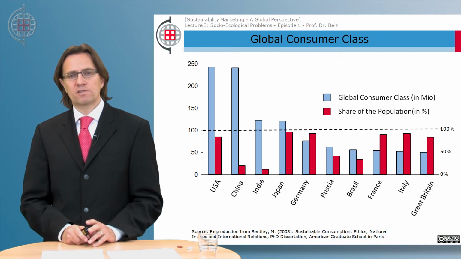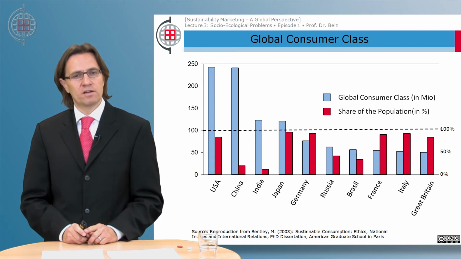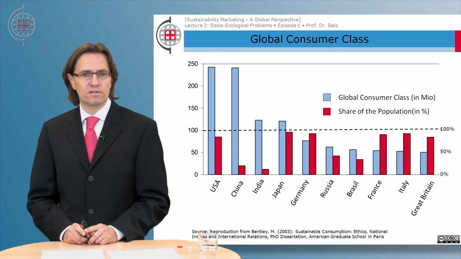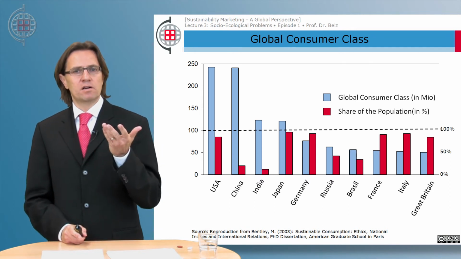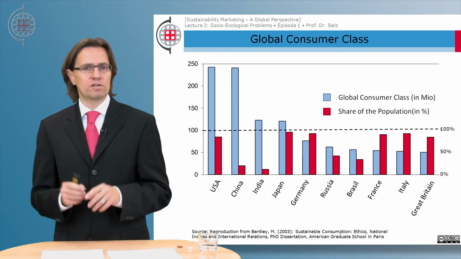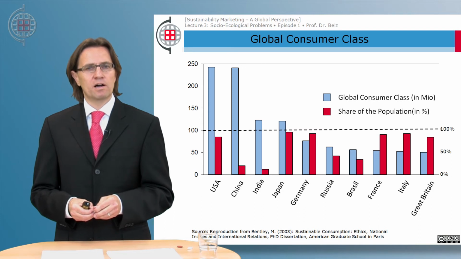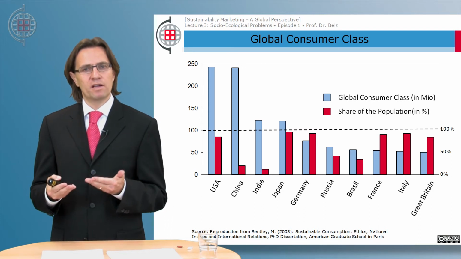Take, for example, countries like Great Britain, Italy, France, or Germany, Japan, and the USA. In these OECD countries, a high share of the population belongs to the so-called global consumer class.